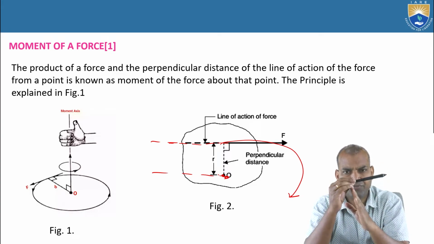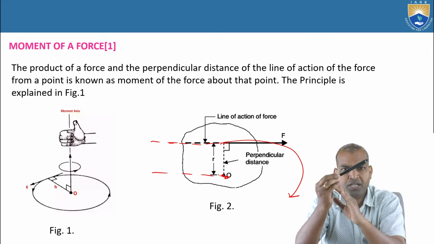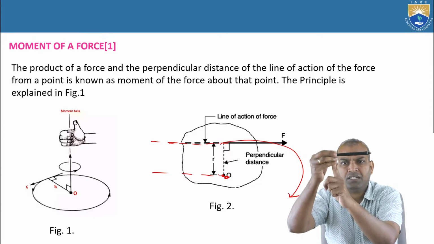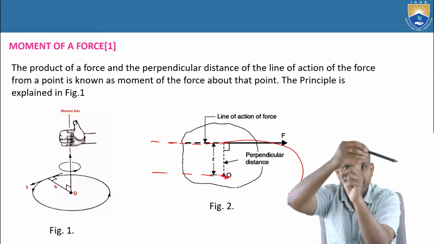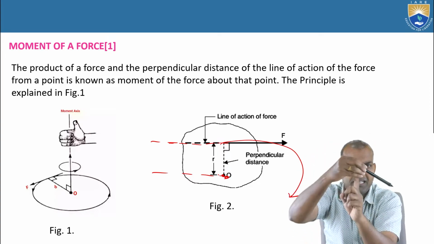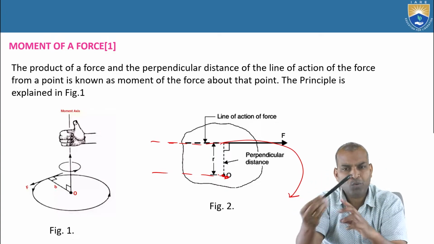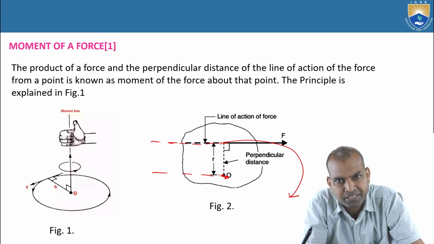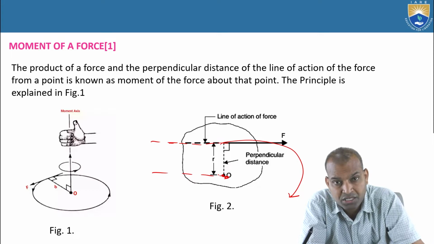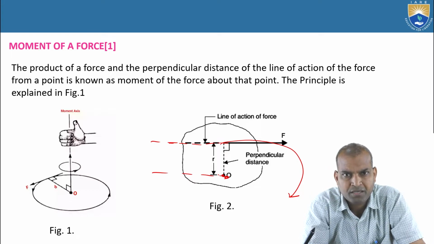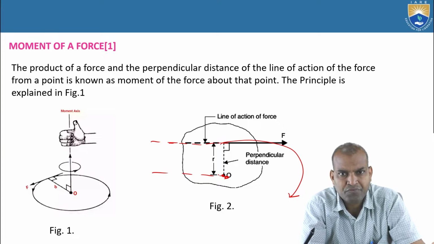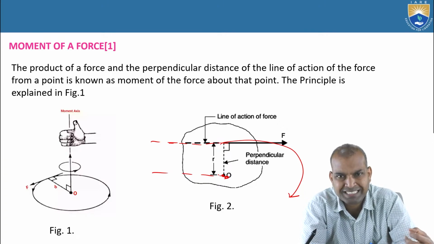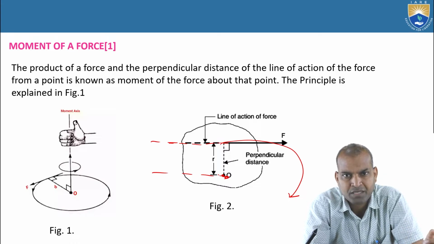If we consider the force is pulling the body, you can see with the finger, it is a rotation. So that is the moment. Physically, the effect of the moment of a force is to give rotary motion to your body.